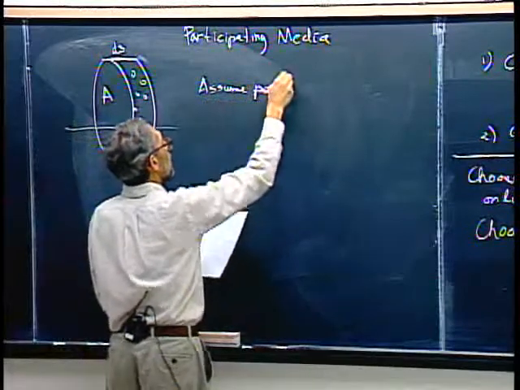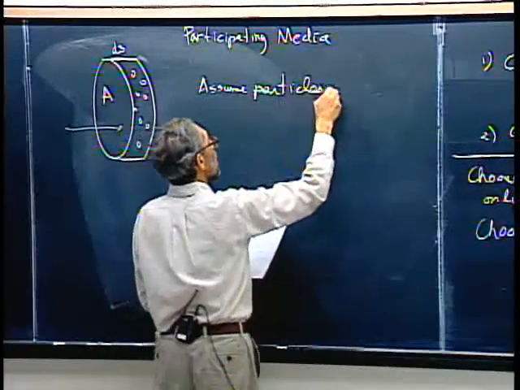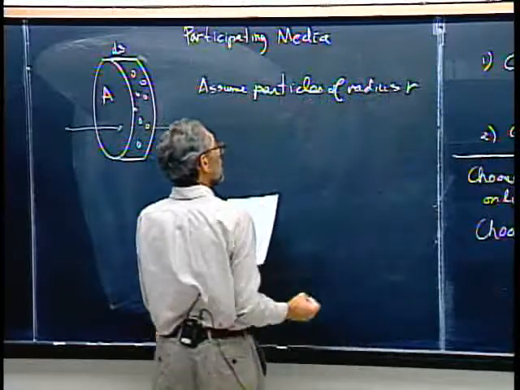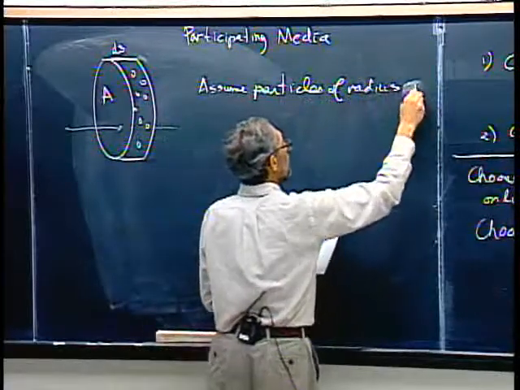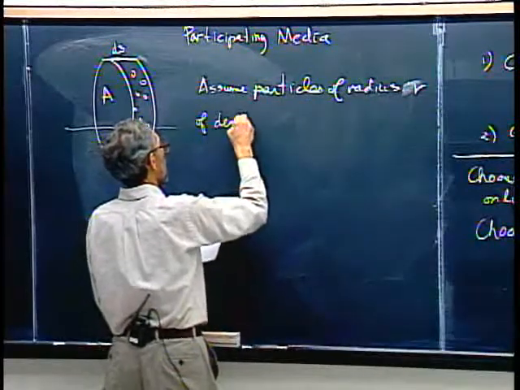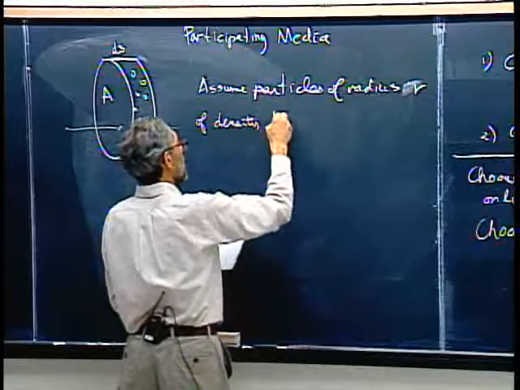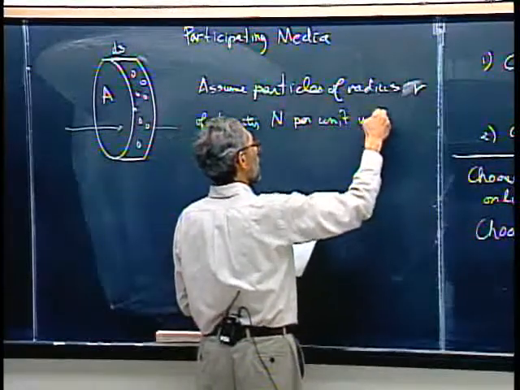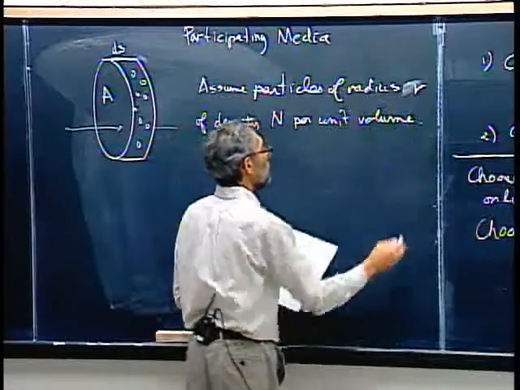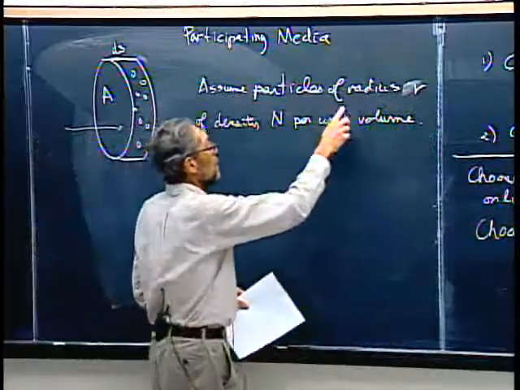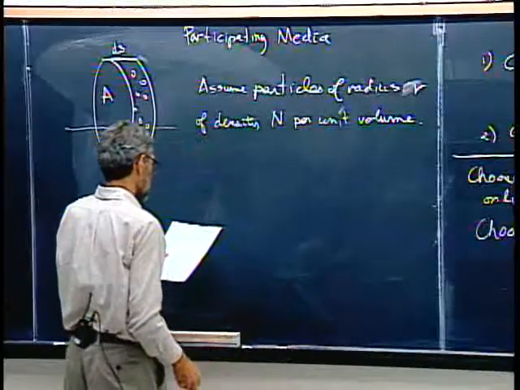Okay, so I'm going to assume particles of radius r, of density n per unit volume. Right, so this n says how dense the smoke is, and this says how big each particle is.